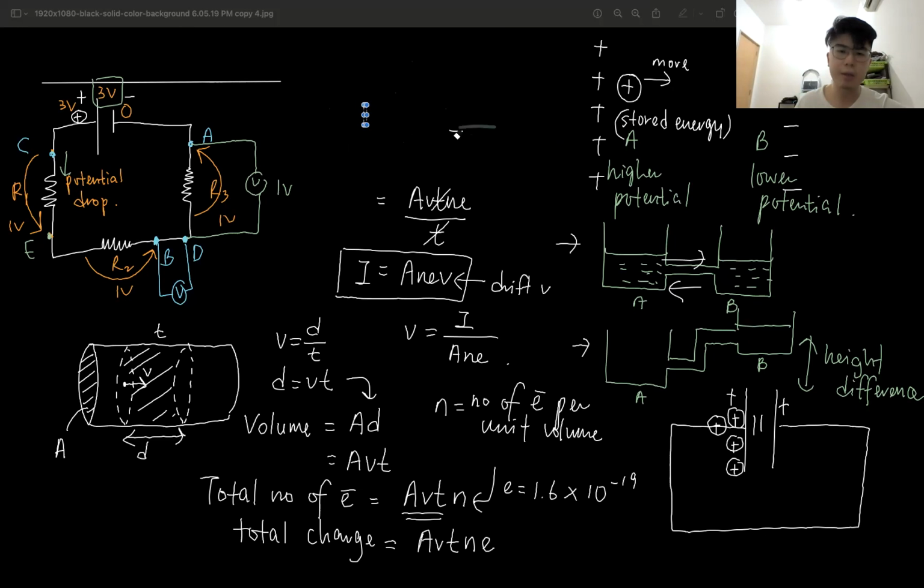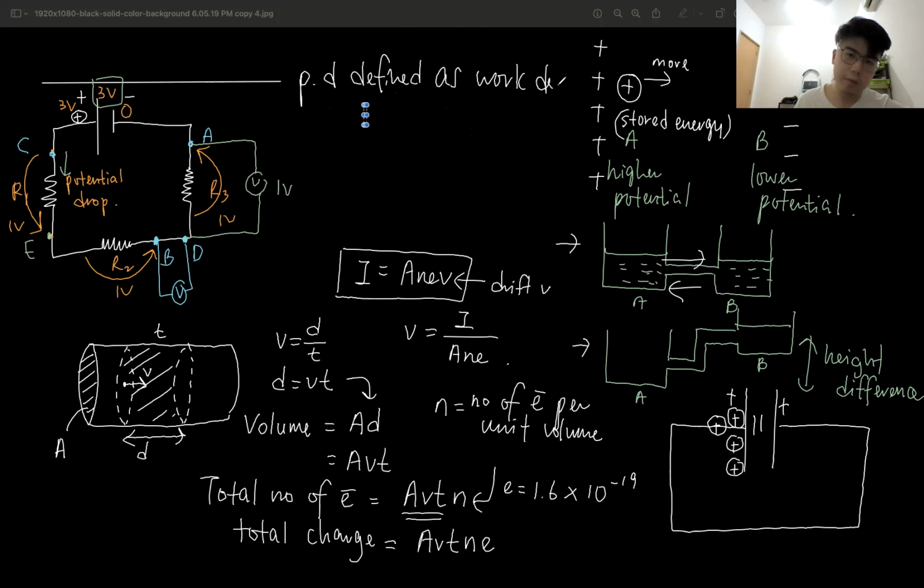Let me write it down here. Potential difference is defined as the work done by 1 coulomb of charge from one point to another.